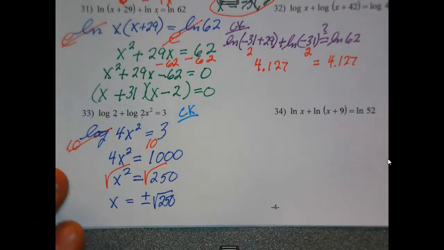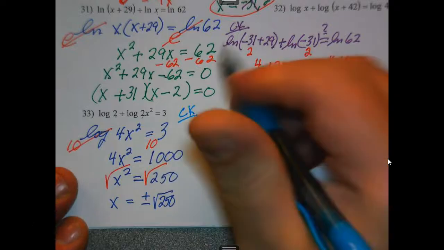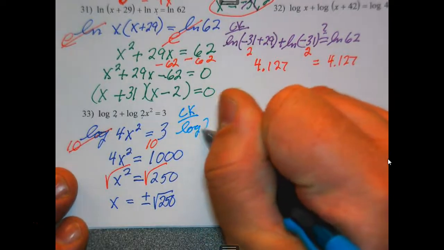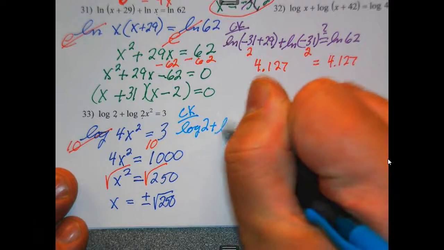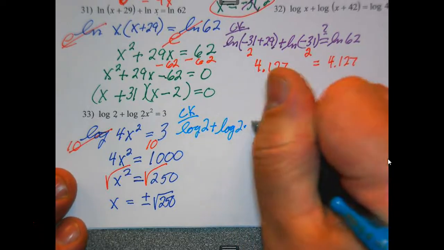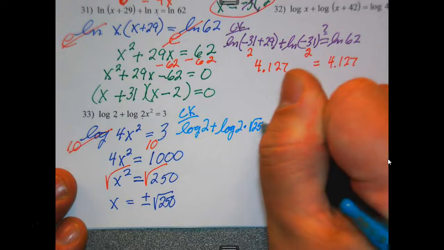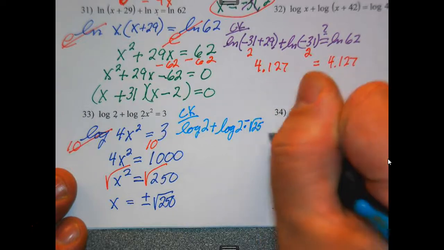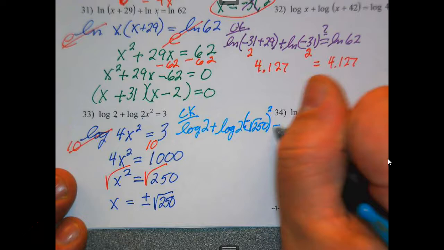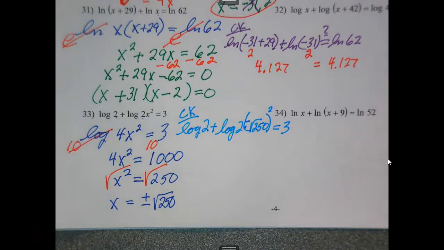Square root of 250, and if that works, we know the positive is going to work. So log 2 plus log 2 times square root of 250, negative 250 squared. Does that equal 3? I'll tell you right now, it's going to.